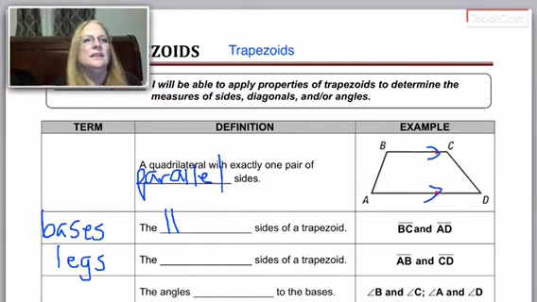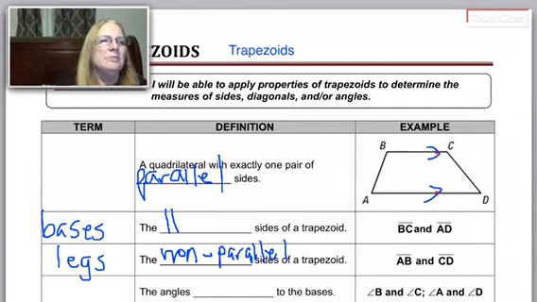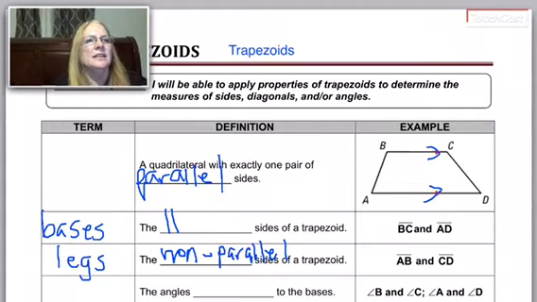They're the non-parallel sides. One thing to keep in mind is that a lot of times we'll see trapezoids drawn this way, and so you might assume that they're always sitting on their bases, but that's not the case. Let me try and draw one.